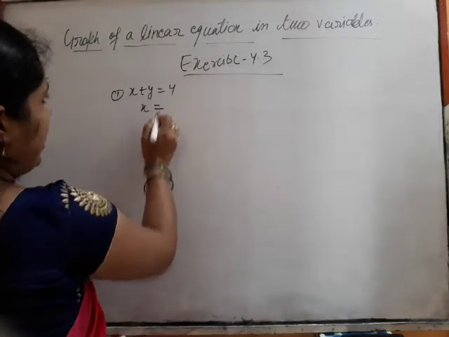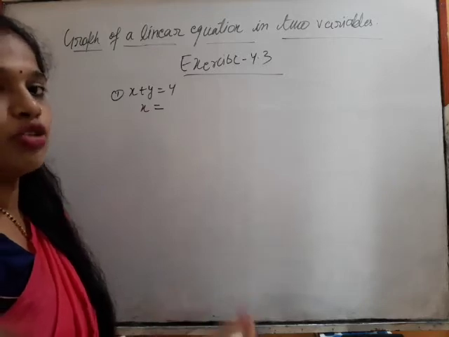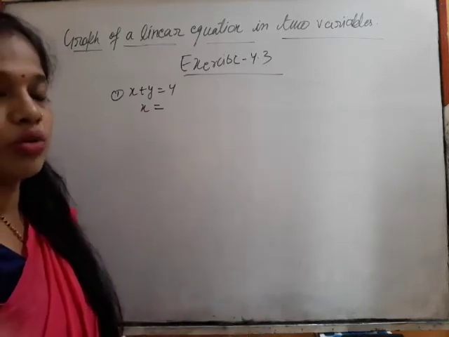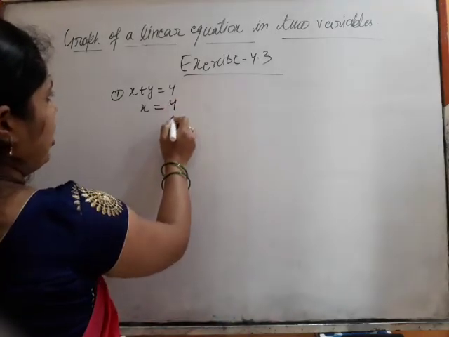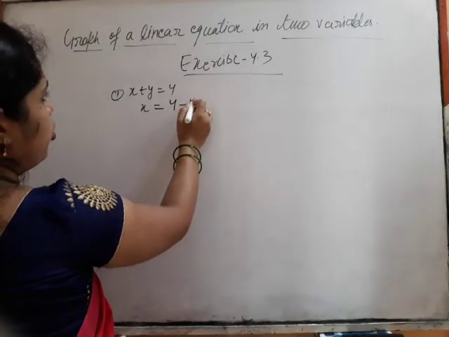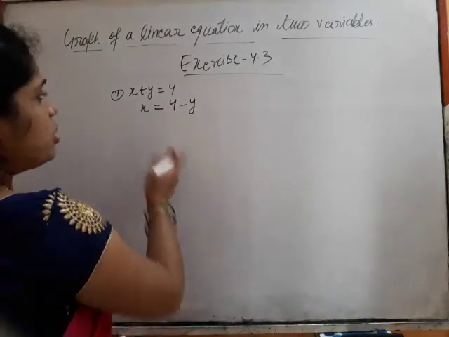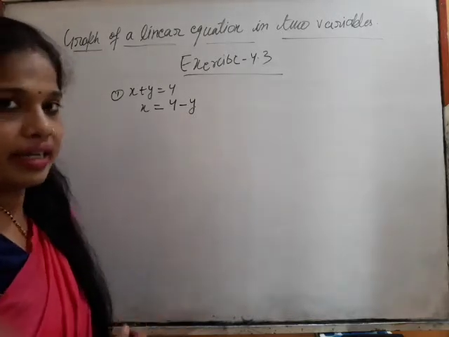As we have studied in the previous exercise, to get different values of one variable, we have to put different values for the other variable. So we write x equals 4 minus y, with one variable on the left hand side and the other variable on the right hand side.